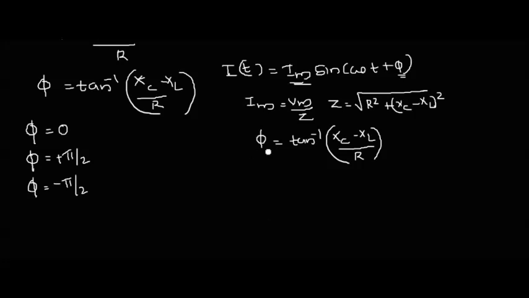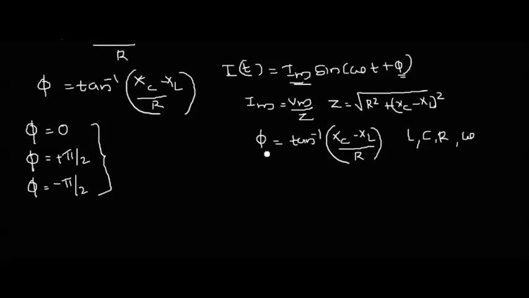But here in the case of a series LCR circuit, the value of phi is not a fixed value, just like the individual resistive, capacitive and inductive circuits. The value of phi will change with respect to the values of Xc, XL and R, that is, with respect to the values of the inductor, capacitor and resistance that we are connecting in the series LCR circuit, and also with the angular frequency of the AC source.